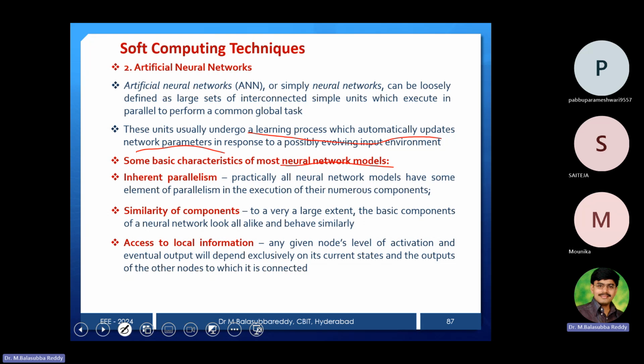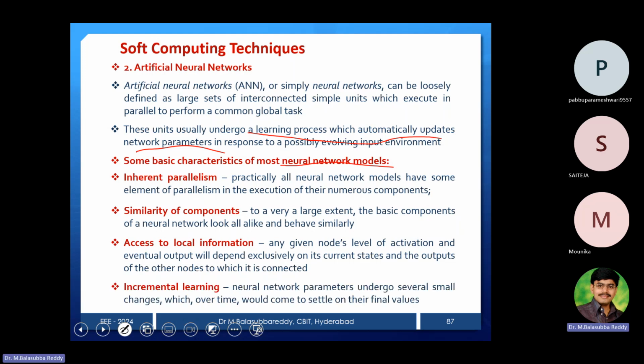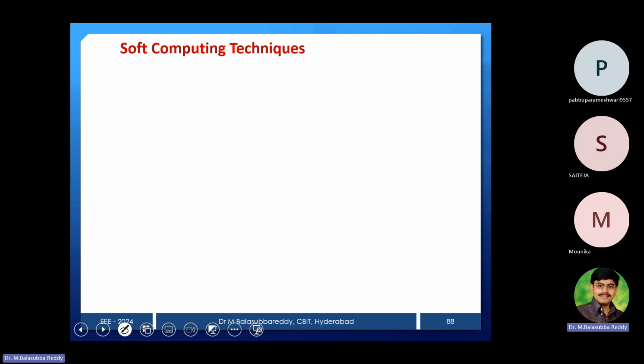That's what you can see here. Any given node's level of activation, and eventually its output, will depend exclusively on its current state and the outputs of the other nodes to which it is connected. Then incremental learning: neural network parameters undergo several small changes, which over time settle on their final values. So these are some of the characteristics, or features.